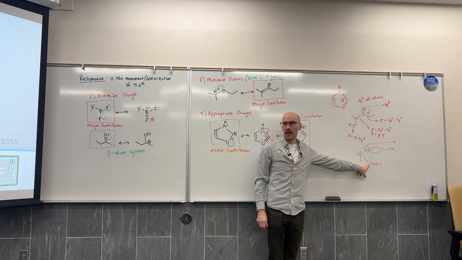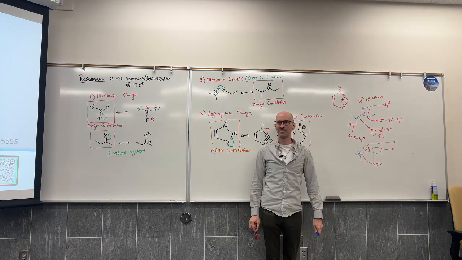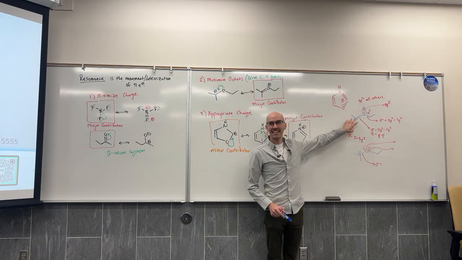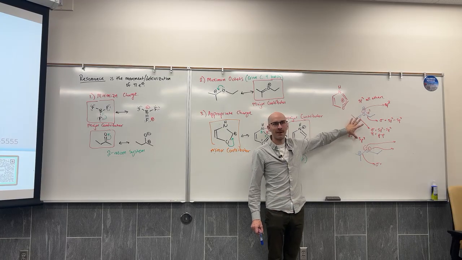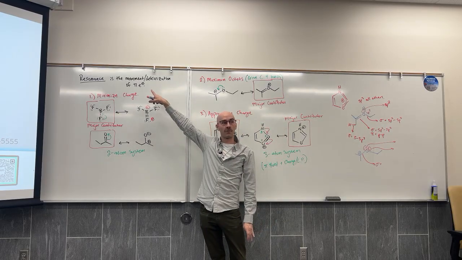What orbitals overlap to give this sigma bond? sp2 and sp2 and sp2. Because guess what? It's not a different sigma bond than the structure above. Because resonance doesn't move sigma electrons, resonance moves pi electrons.